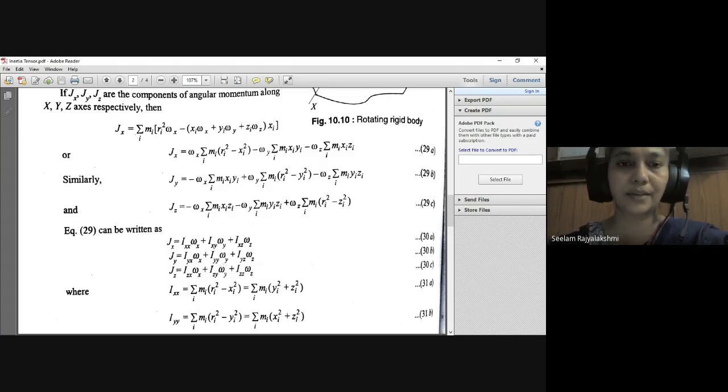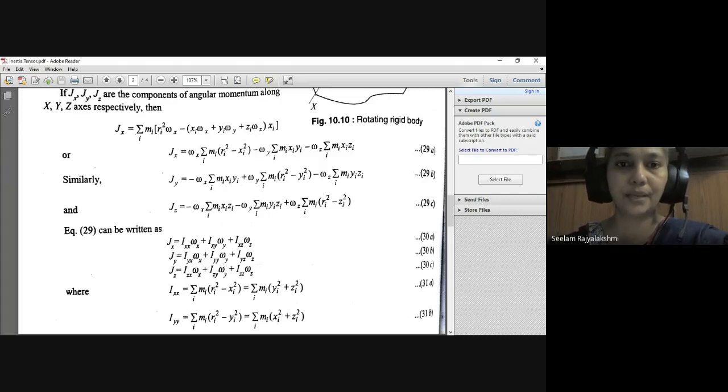Why have we considered Ixx as Ixx omega x? This is the term omega x, and here we have replaced this one with Ixx. That means Ixx is nothing but sigma i mi (r square minus xi square). So this is Ixx into omega x plus, again, here we have omega y.